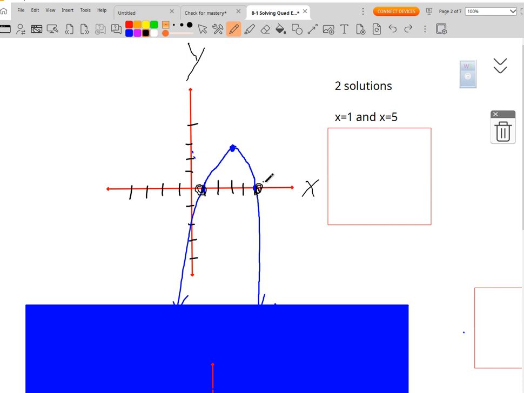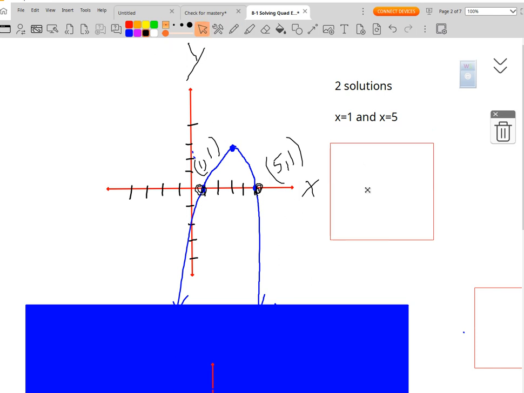Well, this ordered pair is 5, 1. This ordered pair is 1, 1. The solution to a quadratic equation is always equal to the x-coordinate of the point where the parabola crosses the x-axis. Right? Not the y-coordinate. The y-coordinate is not part of the solution, strangely.